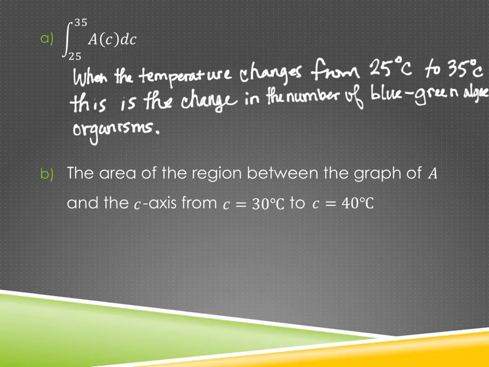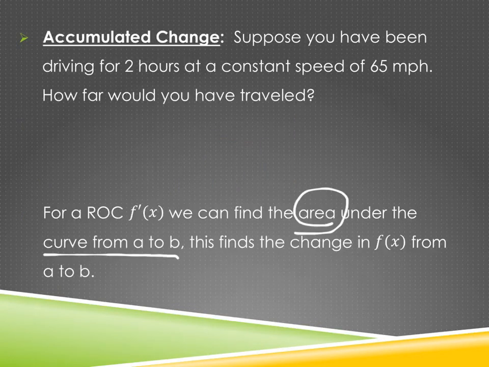So back on our problem originally, if we were to do the same thing, our integral over here would be the integral from 0 to 2 of 65, we'll call it dt since it's time, right? 0 to 2 hours, the function was 65, and it was dt because the time was changing. That's the notation that would go along with what we were doing before.